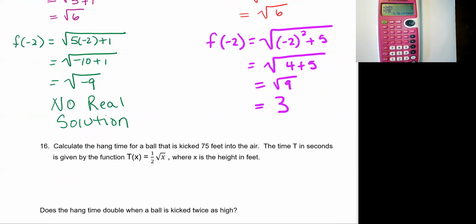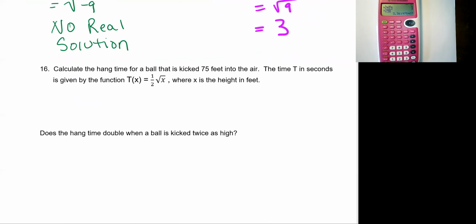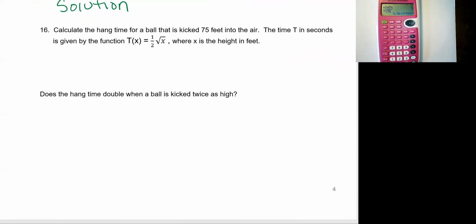When are you ever going to use this? Well, right now. Here we go. Calculate the hang time for a ball that is kicked 75 feet into the air. The time t in seconds is given by the function t of x is equal to 1/2 square root of x, where x is the height in feet.